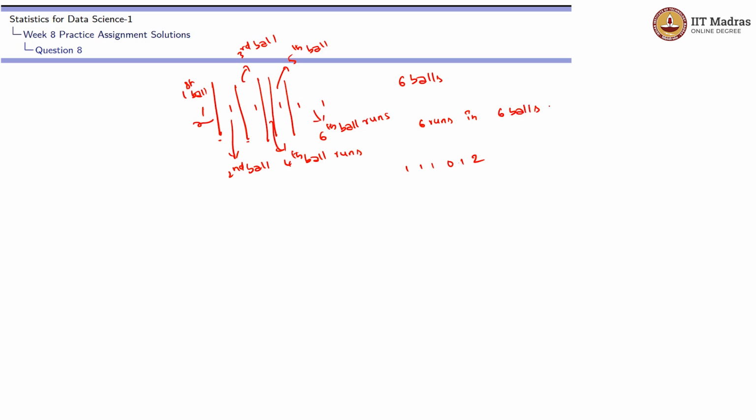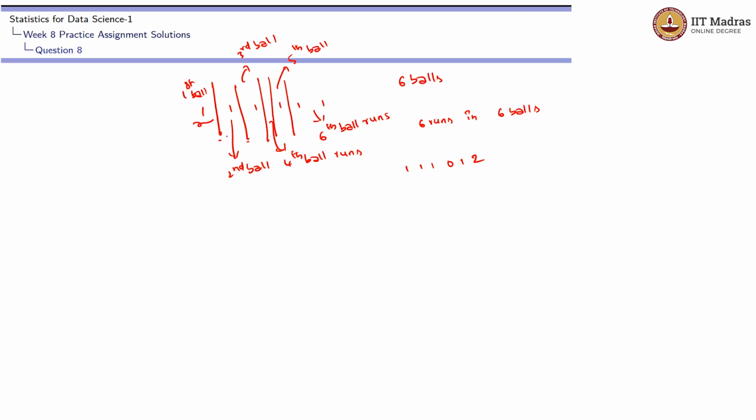6 balls. By just arranging these ones and these big vertical lines, which are nothing but divisions, we can get all the possible ways in which we could score 6 runs in 6 balls. So we should be arranging these 5 vertical lines and these 6 runs.